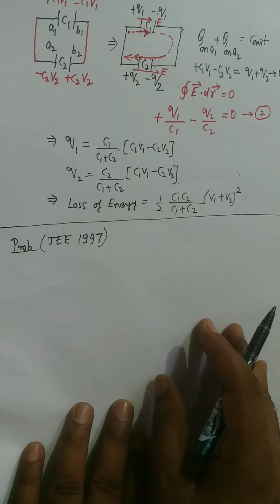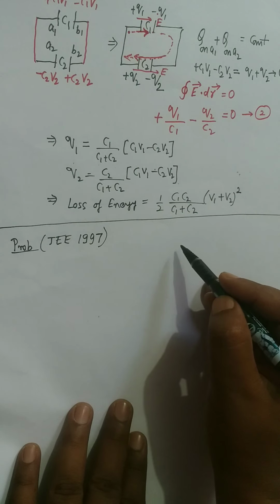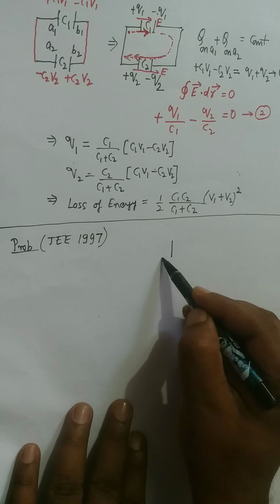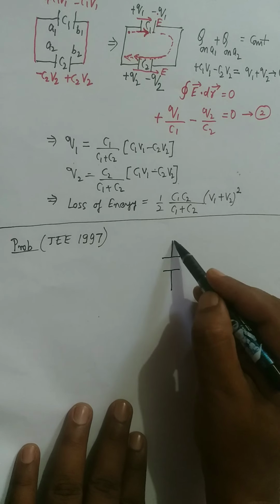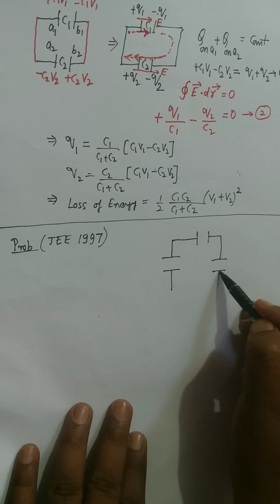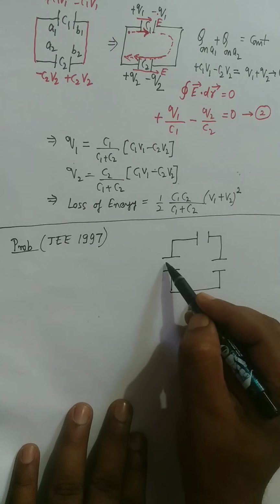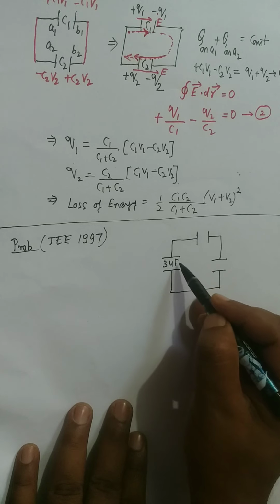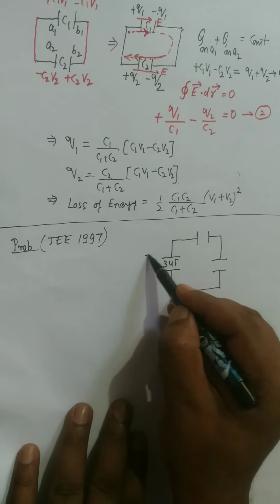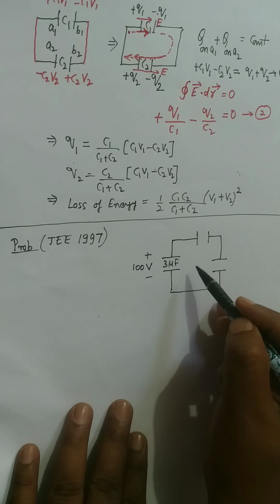It was a subjective problem, and in this problem we have 3 capacitors which are connected with each other like this. The left side capacitor is 3 microfarad and it was charged with plus minus 100 volt as given in that problem.